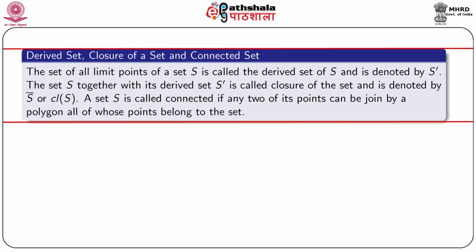The set S together with its derived set S prime is called the closure of the set and is denoted by S bar or CLS. A set S is called connected if any two of its points can be joined by a polygon, all of whose points belong to the set.